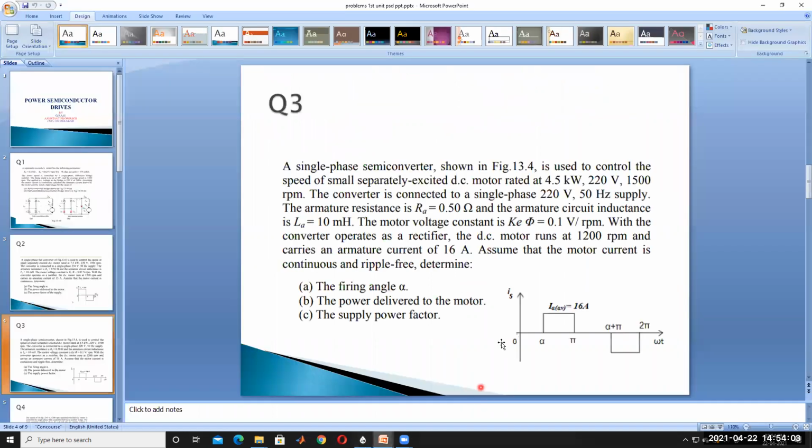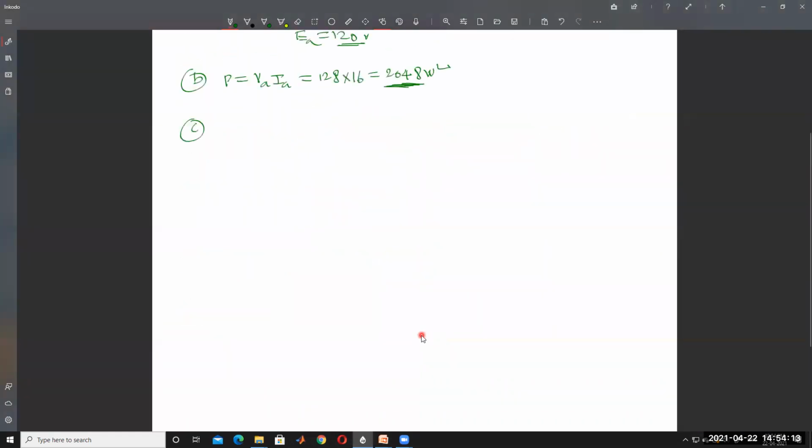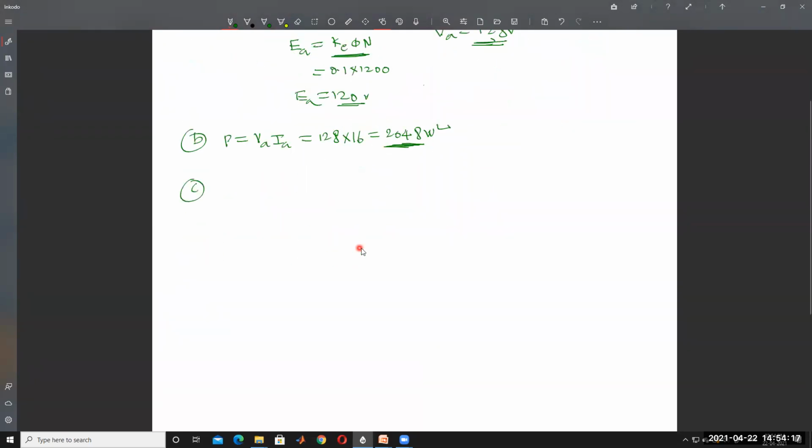And then this is very important. Find the RMS value of the source current, IS RMS. Finding this IS RMS is very important. By using the waveform, find the RMS value of the source current.